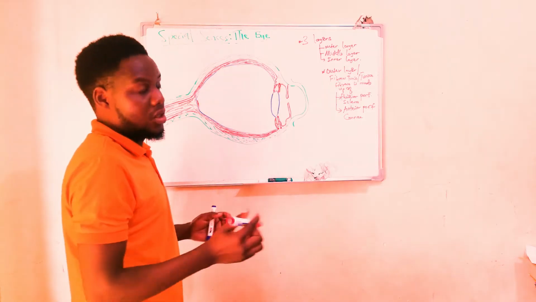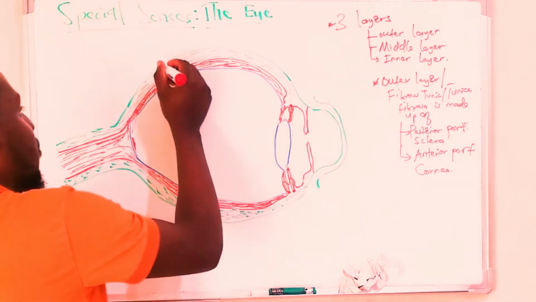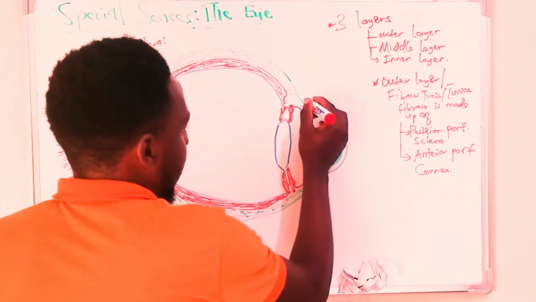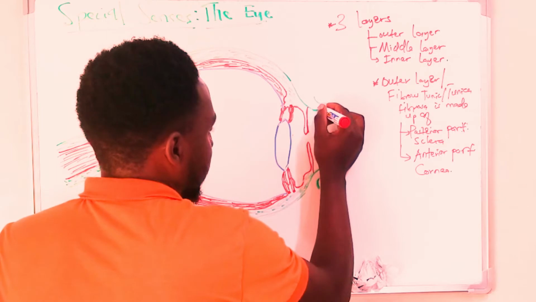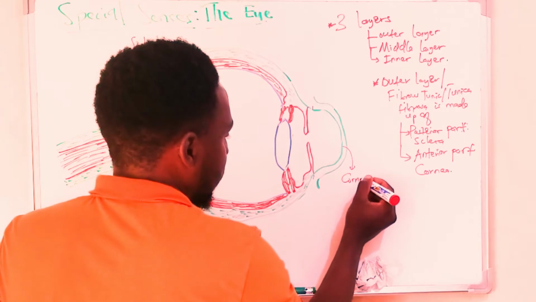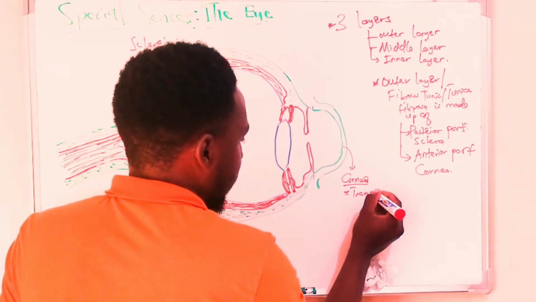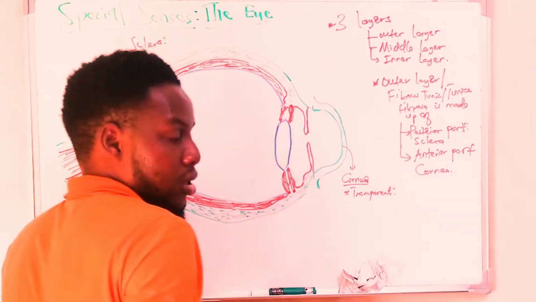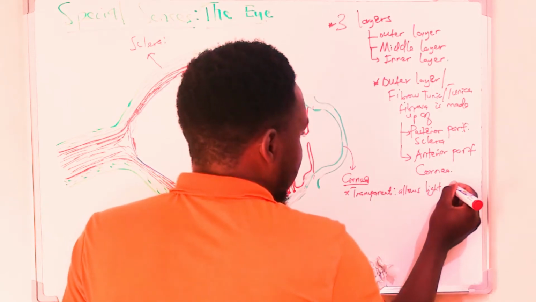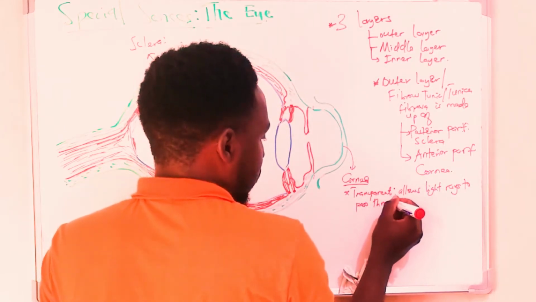Now, on the diagram here, this green part that you are seeing, the posterior part of it is our sclera, while the anterior part of it, from here to somewhere here, is our cornea. Now, the cornea is transparent, and by that we mean it allows light rays to pass through.